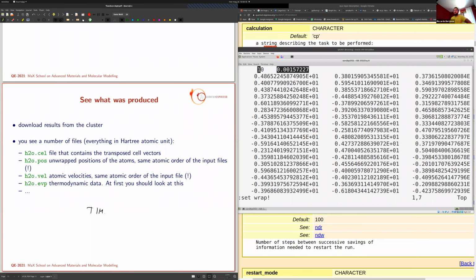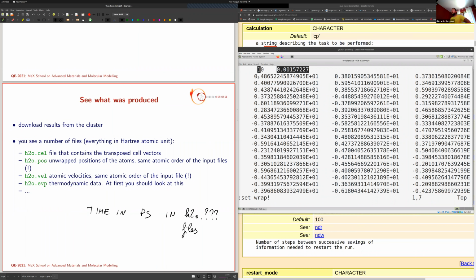Then you have all the atomic positions in units of Bohr radius.